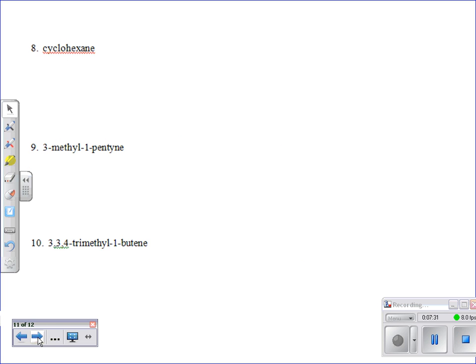And moving on. Now we're going to do it in the opposite direction. We're going to be given names of these guys, and we have to draw the pictures for them. So a cyclohexane. Sounds like we have 6 carbons that are just going to all be in a circle.